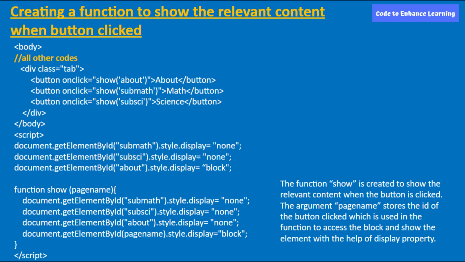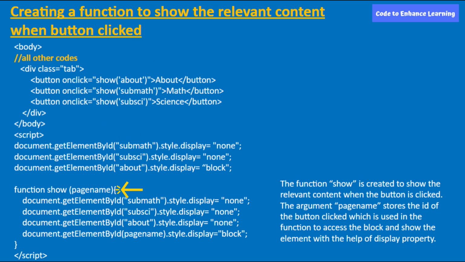Creating a function to show content. Now we will write one smart function to handle all the button clicks: about, math and science. Now look at the code. Here in the div tag where class is equal to tab, we have 3 buttons. Each one uses onClick equal to show to call the same function with a different page ID.